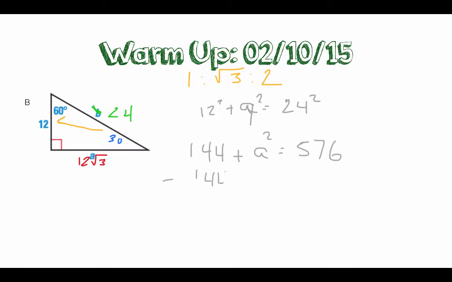Subtract 144 from both sides, and you get a squared equals 432. Now, here's where it gets a little tricky because we've got to factor this out some way. I'm going to take the square root of both sides, and I need to come up with factors of 432.